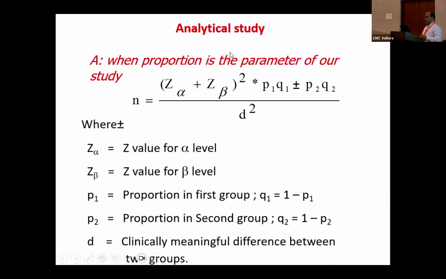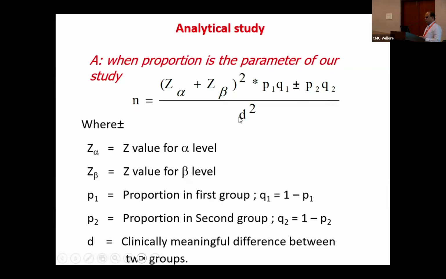So supposing P1 is, say for example, an 80% cure rate, and you say this would be a 90% cure rate. You added 10%, it comes from you. So therefore, D is 10%, the D square is 10% square.